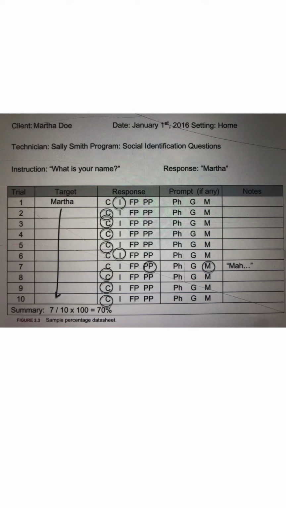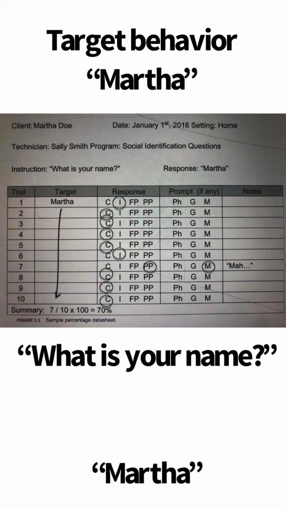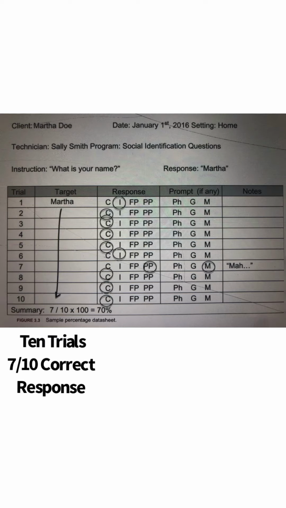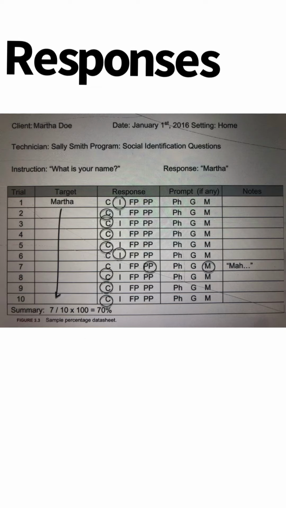In this data sheet, we can see that the target goal for the behavior is to respond to the question, "What is your name?" with the response being Martha. The target is therefore Martha. You can see an arrow being drawn for the number of times it was asked throughout the trials. There is a response that was given with a C, I, FP, or PP for response.